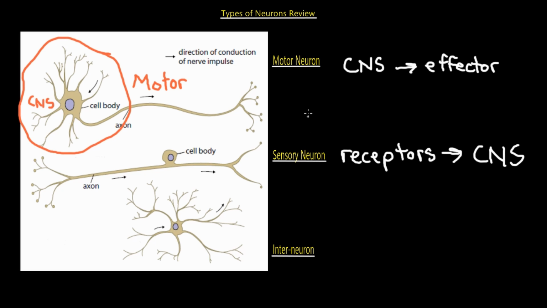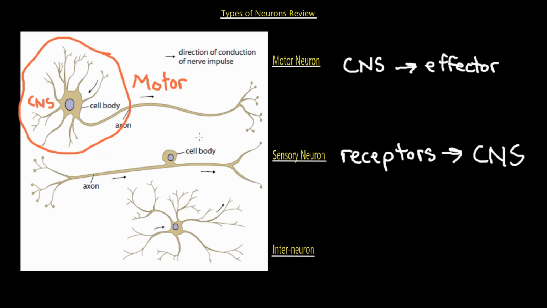The correlation between sensory and motor neurons is that the sensory neuron senses any stimuli coming from the environment or from the body itself, and transmits that impulse to the central nervous system, and the central nervous system will give a command to the effector through the motor neuron. That's the relationship. It's a circular path.